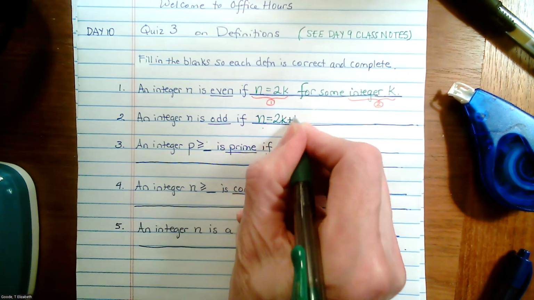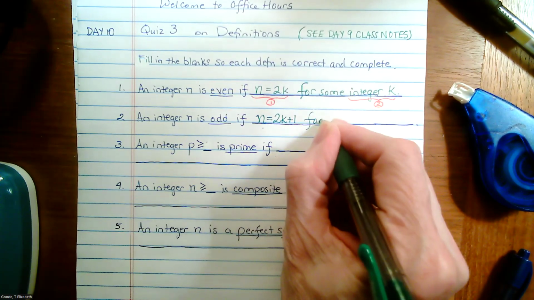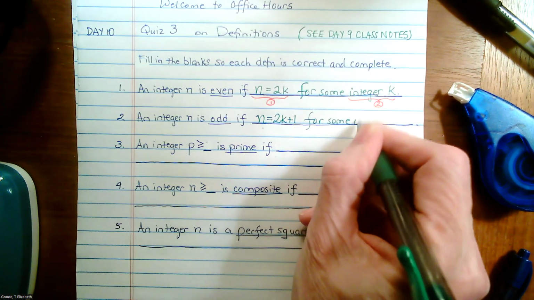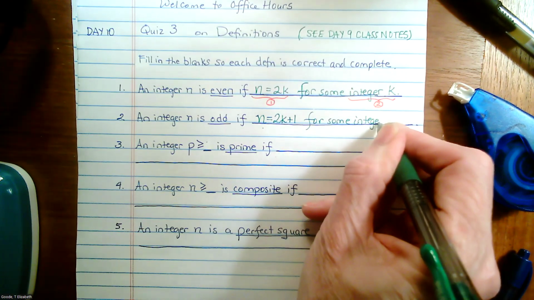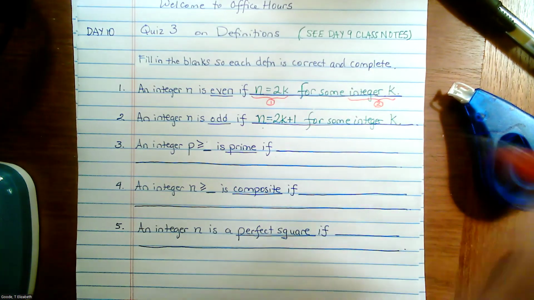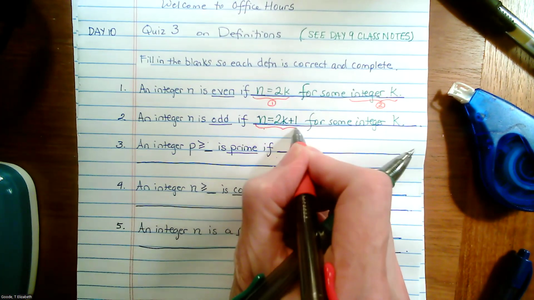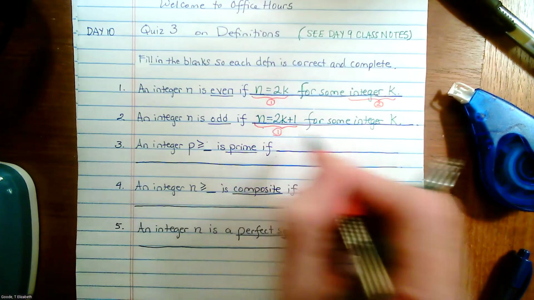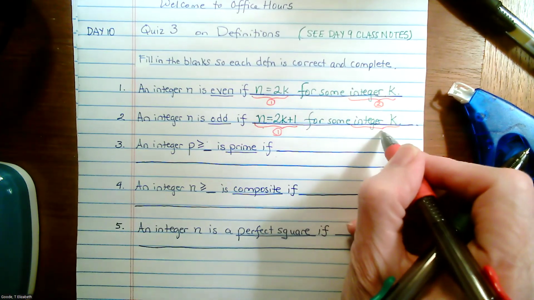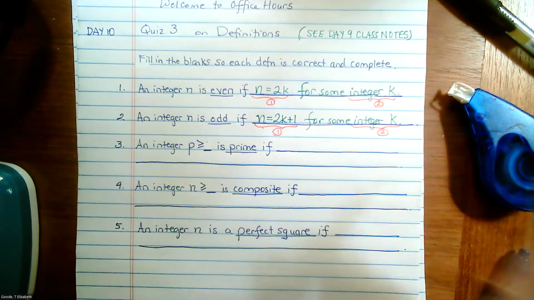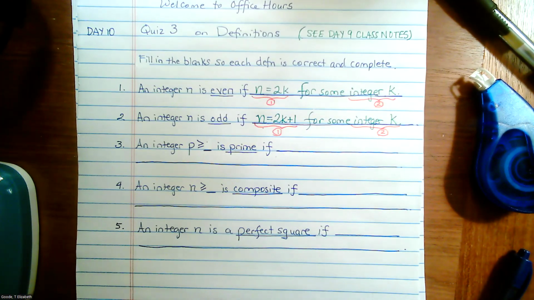Yes. So again, it's a two-part definition, slightly different kind of equation for an odd integer, but still that extra information about the integer k. Does that make sense? Yes. Great.